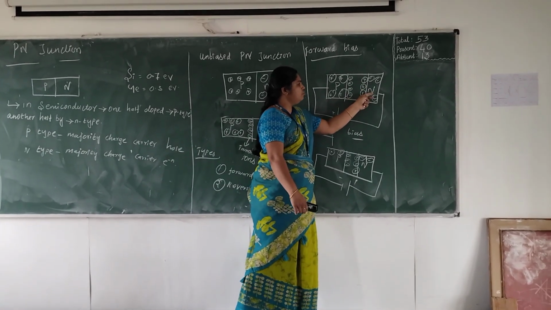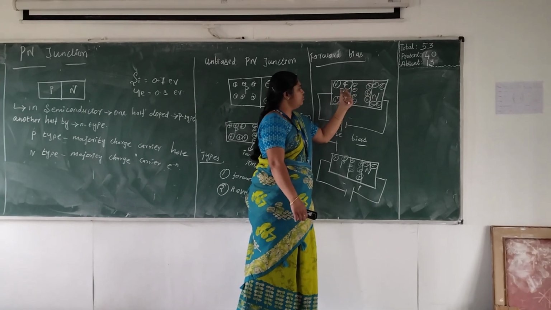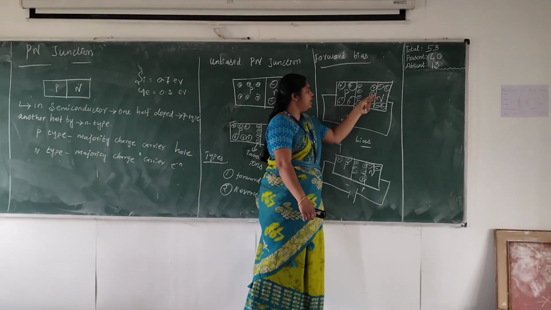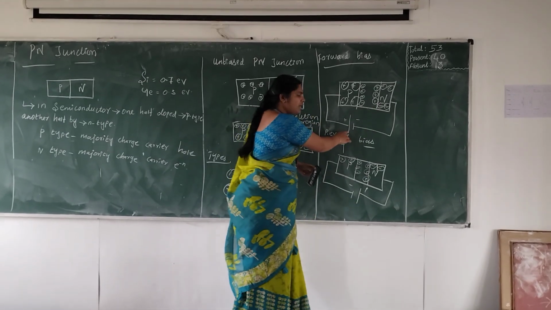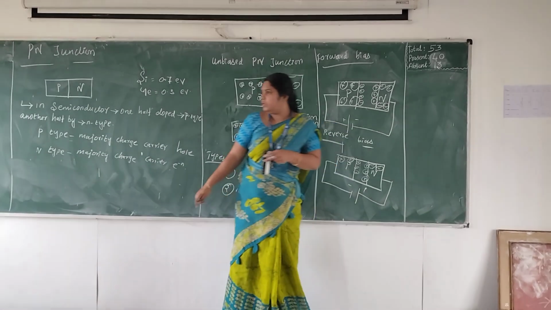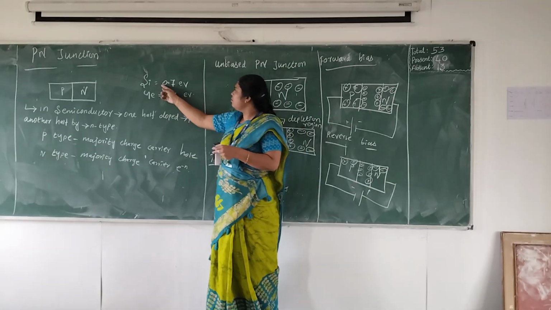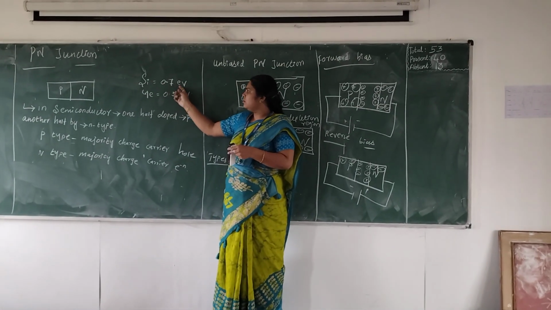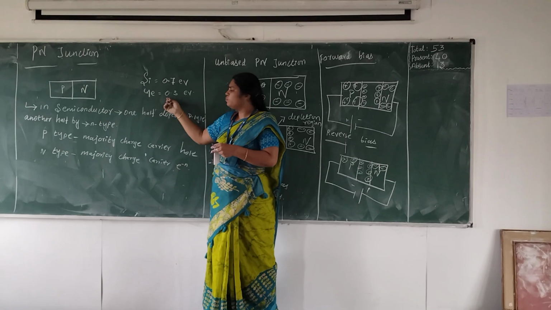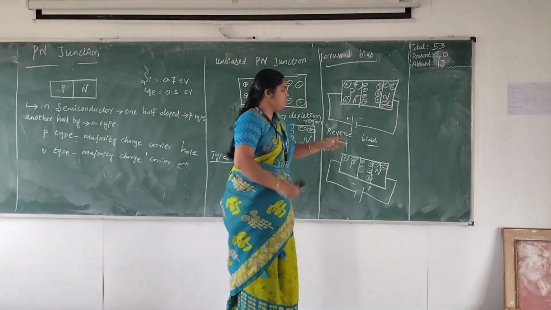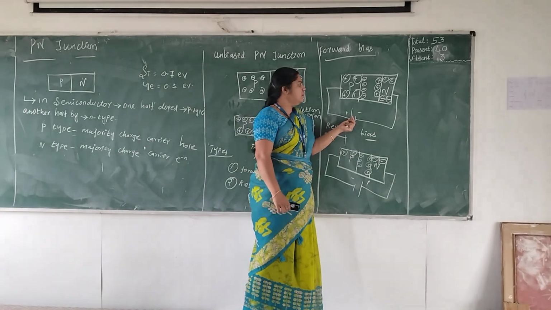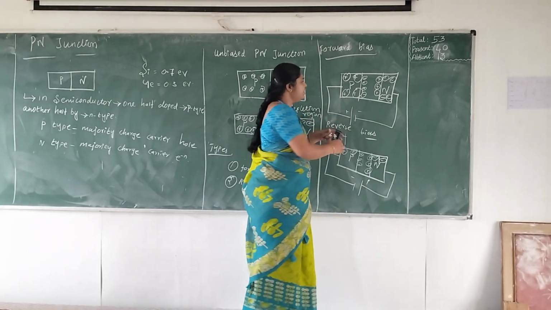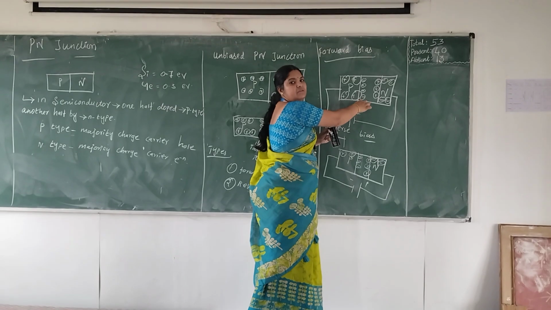When an electron moves from N to P, it creates immobile positively charged ions near the junction. When we apply the supply voltage, the barrier for silicon is 0.7 electron volt and for germanium is 0.3 electron volt. When the supply voltage crosses 0.7, it automatically reduces the depletion region width.